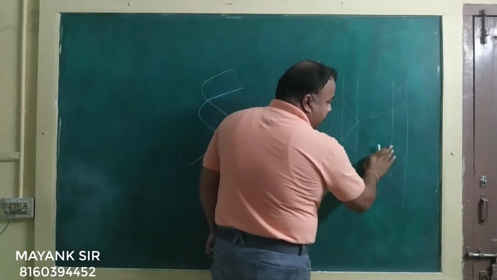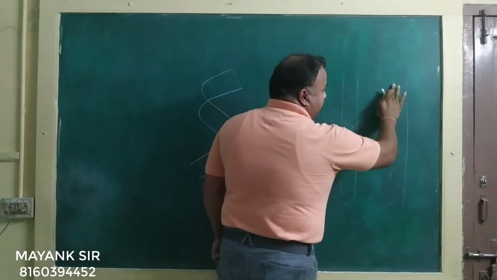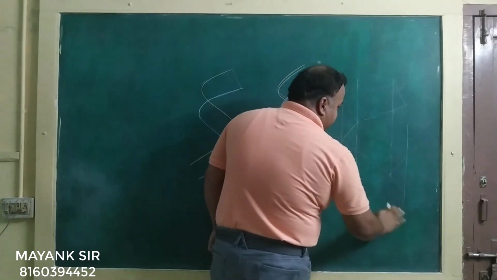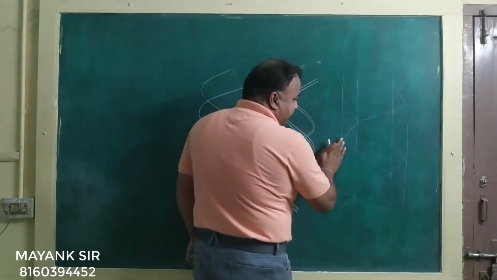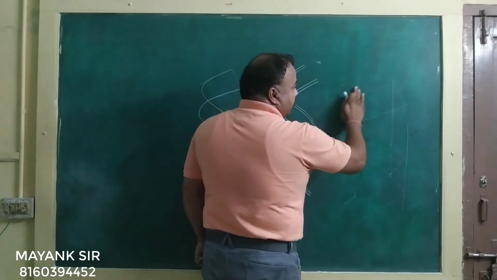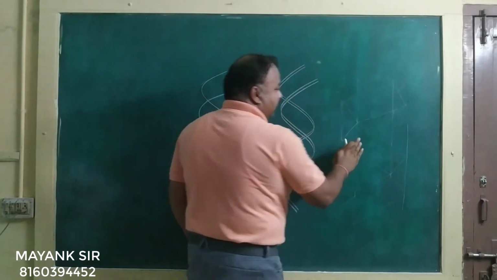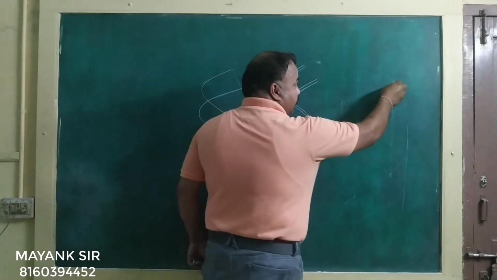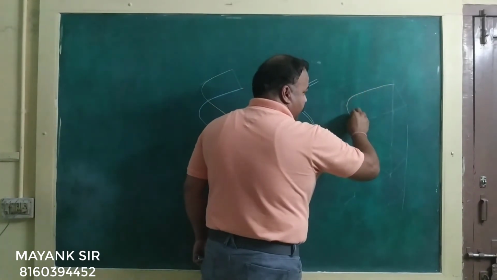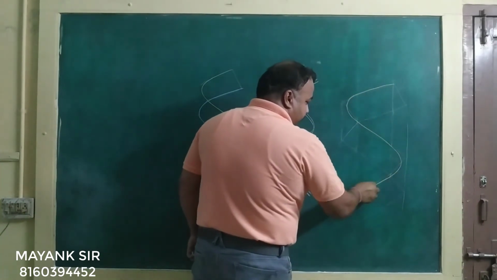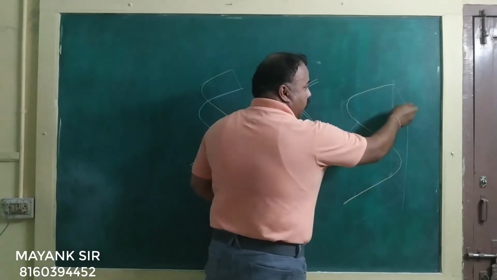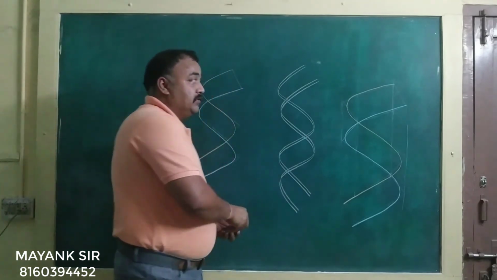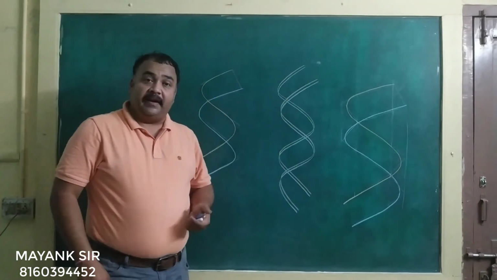Now delete or rub every excess line. So you will get the rectangles which I have shown you earlier. Then you have to connect all the upper lines with upper lines and all the lower lines with lower lines. And this is known as the structure of DNA.